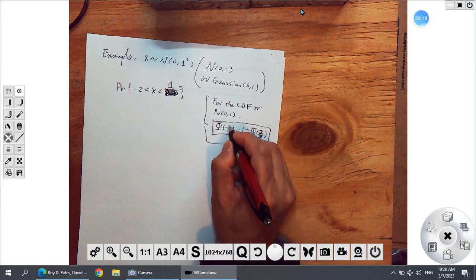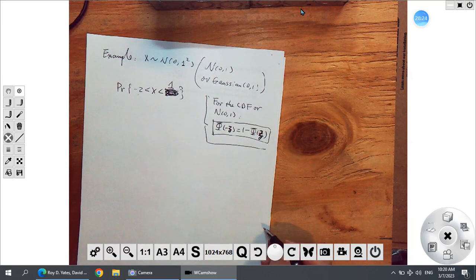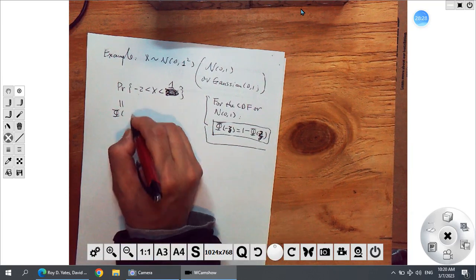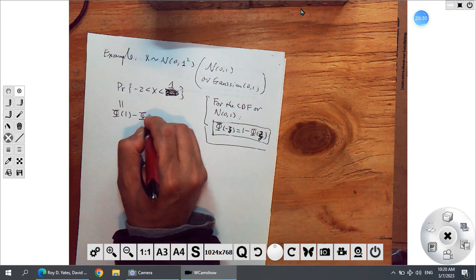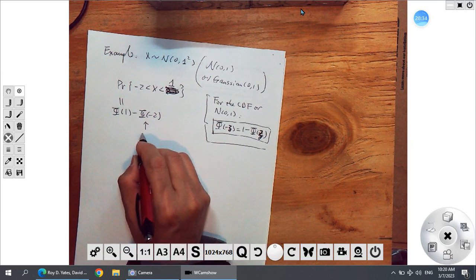Same z, lowercase z. So this one is phi of 1 minus phi of -2, and this phi of -2 is equal to 1 minus phi of 2.